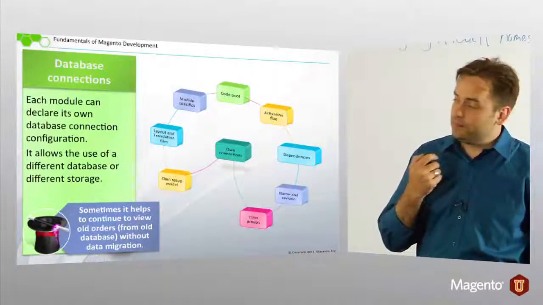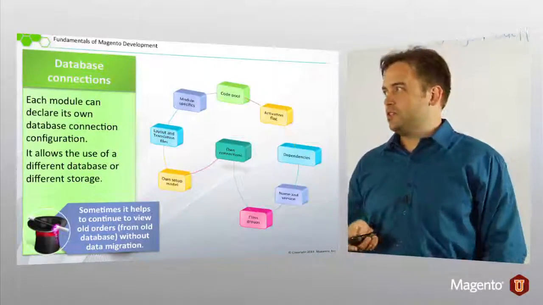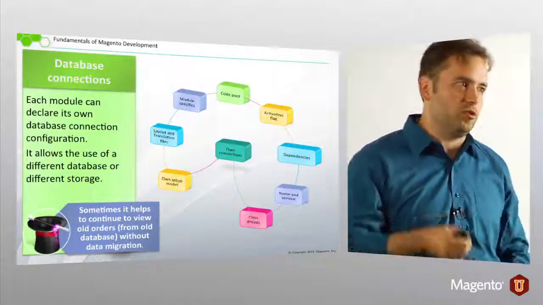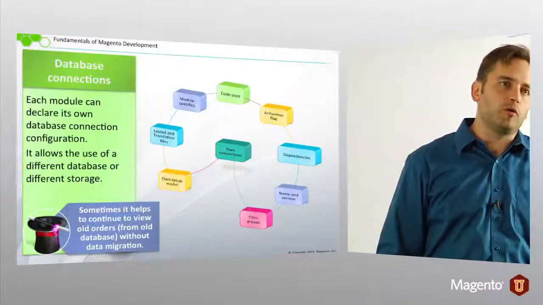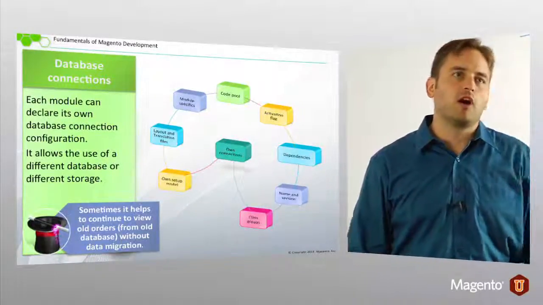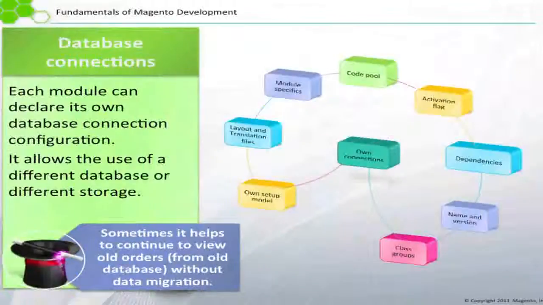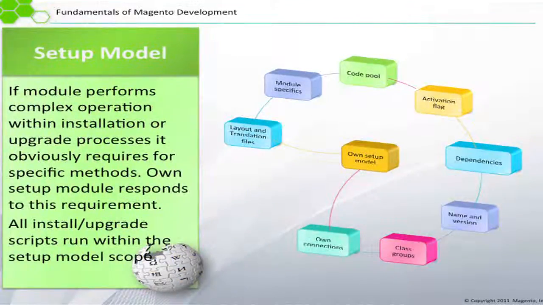So that's class groups. Additionally, we can set up database connections. You can set up a different connection, say if you want to move some sales order data, archive it, in a separate database. Setup model.